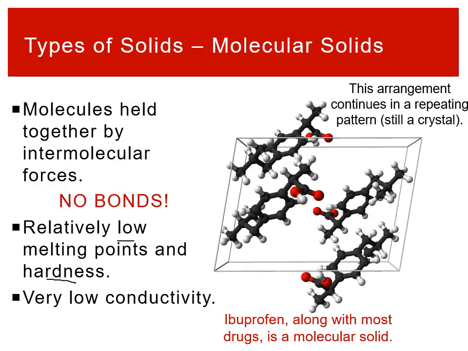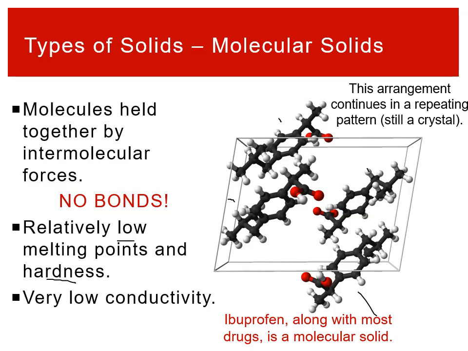Most of the chemicals that you interact with that you think of as molecules, that function as molecules, for example, drugs, like this is the solid of ibuprofen, are molecular solids. These are each, I have 1, 2, 3, 4 ibuprofen molecules, and they are arranged in this sort of crystalline structure.